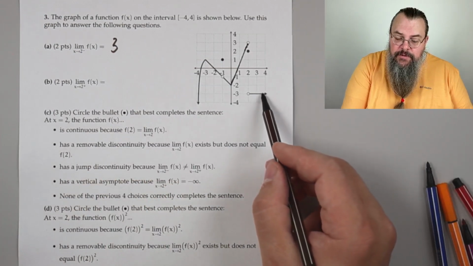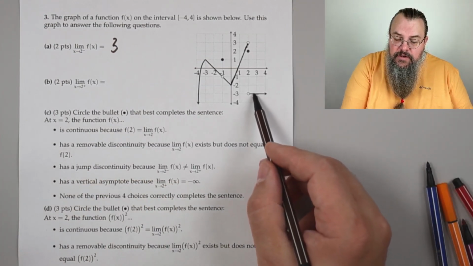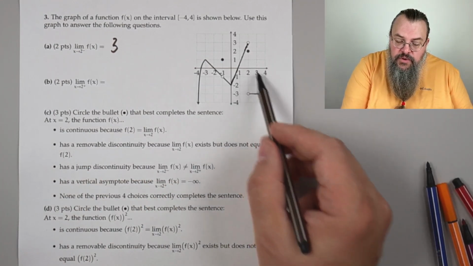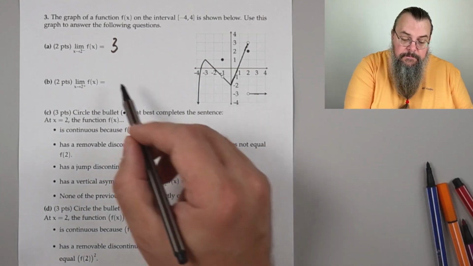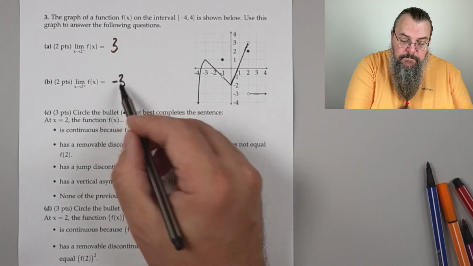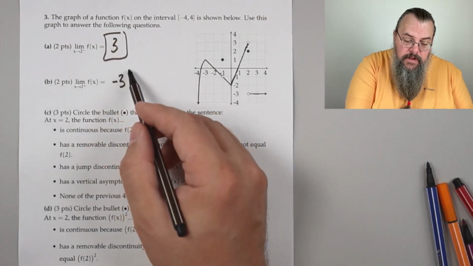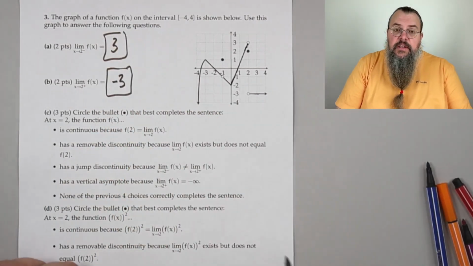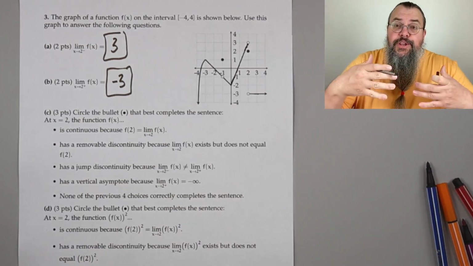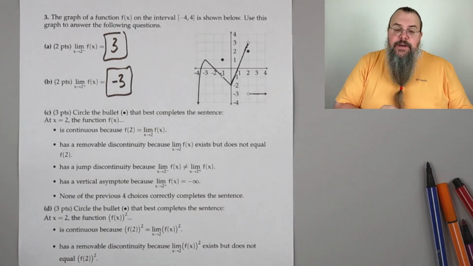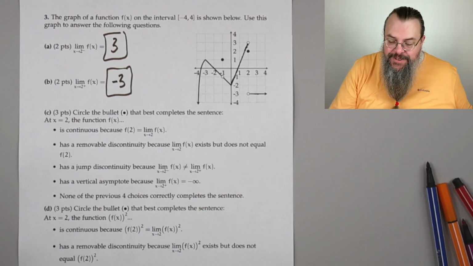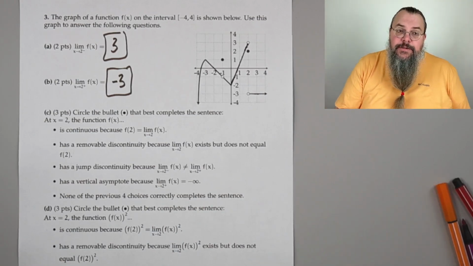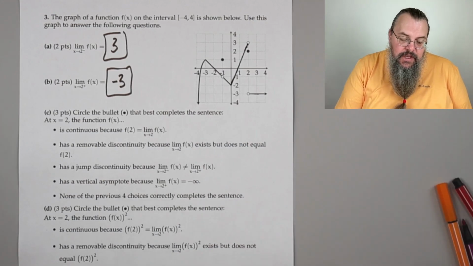So now we're coming in from the right-hand side, and as we approach 2, the function is approaching -3. All right, well, that's not so bad. It's essentially, these kinds of questions are, what do you think should happen? Because after all, that's what limits are about. What should happen?